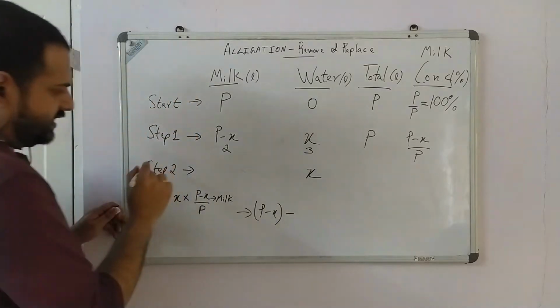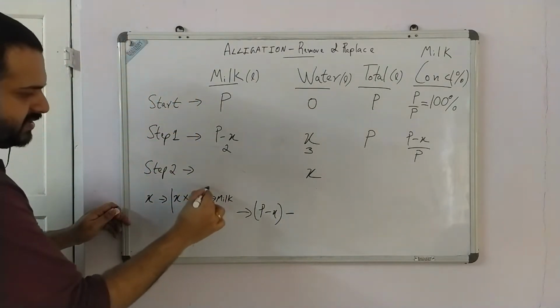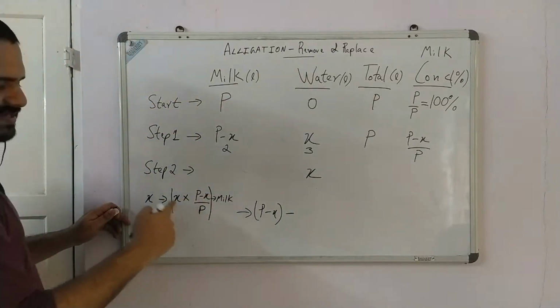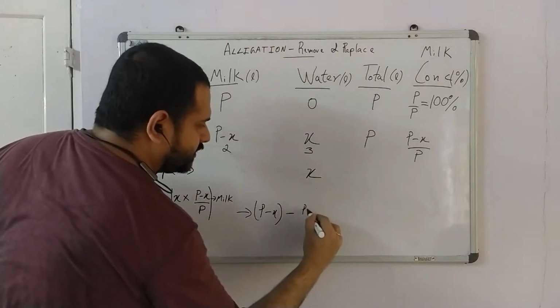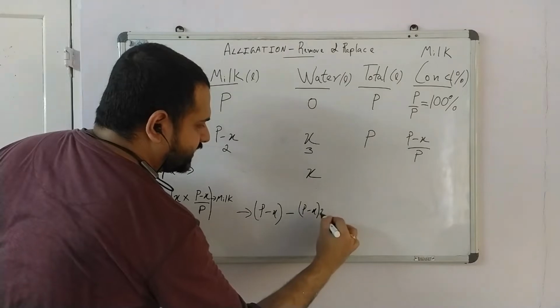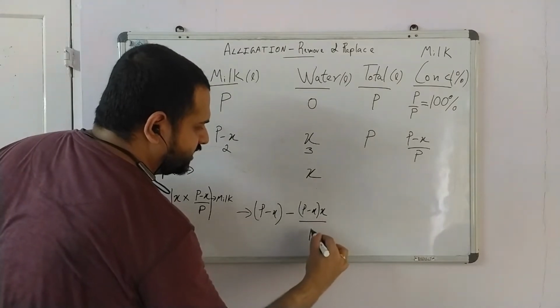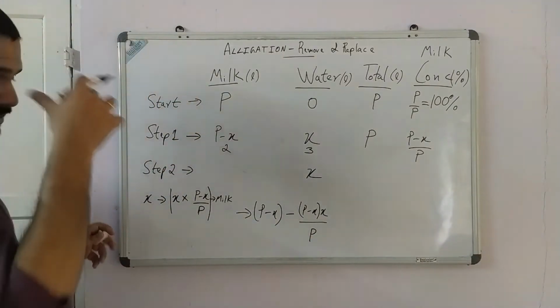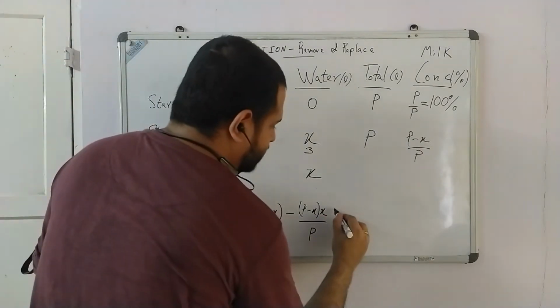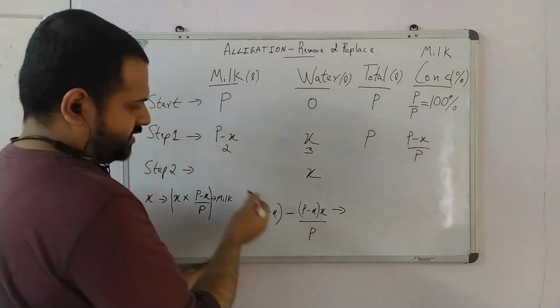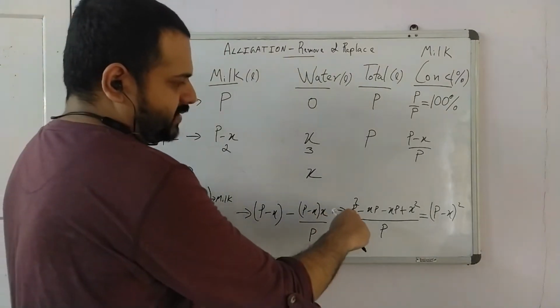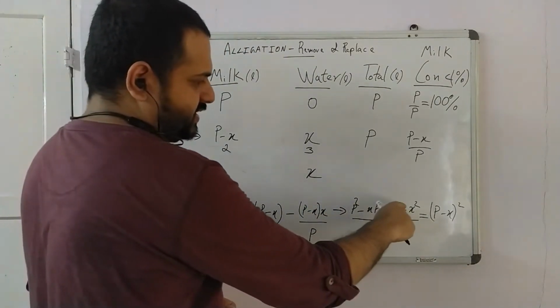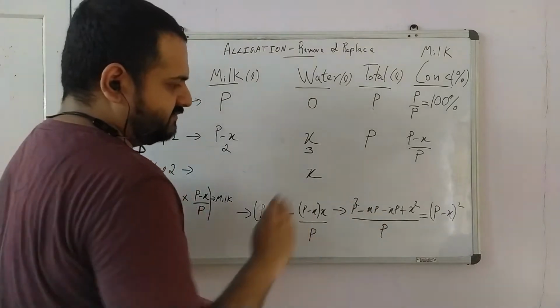And then in step 2, we found out that X into P minus X by P of milk is removed, right? So I write that as P minus X minus X into P minus X by P, right? Now if I simplify that, what do I get? I cross multiply this. So we get P square minus XP plus X square divided by P, right?